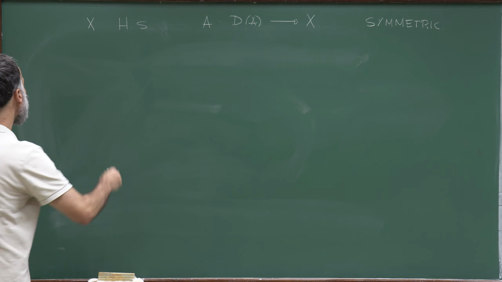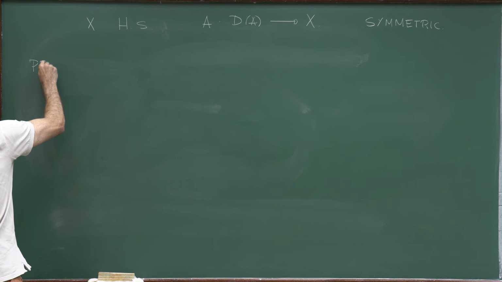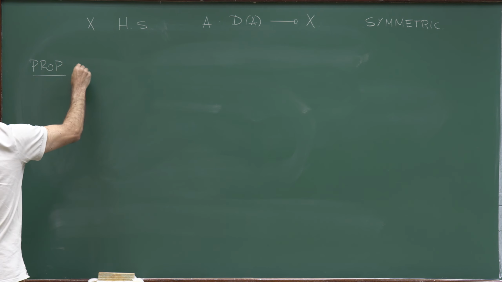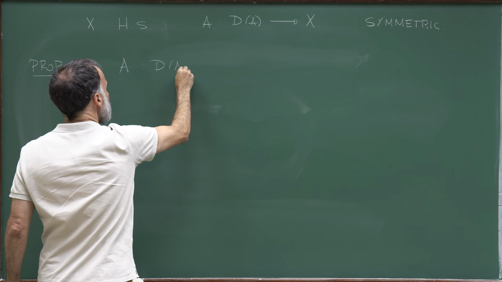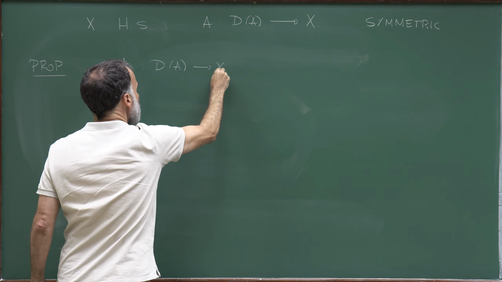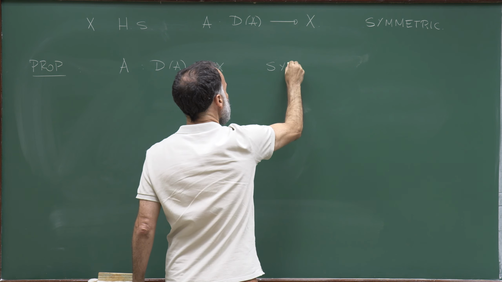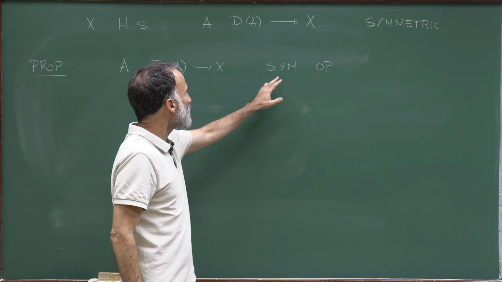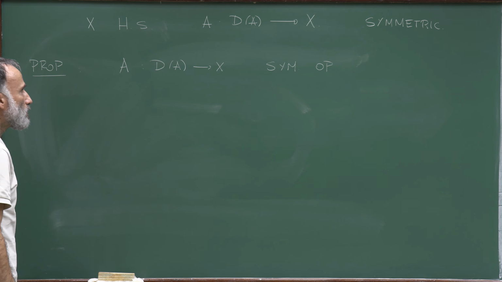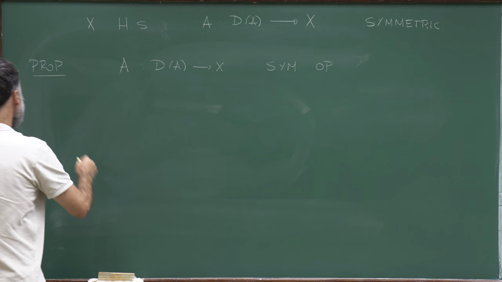So let me prove the main properties of the eigenfunctions. So proposition. So A from dA to X is a symmetric operator. So notice that I'm not assuming A to be bounded, just symmetric.